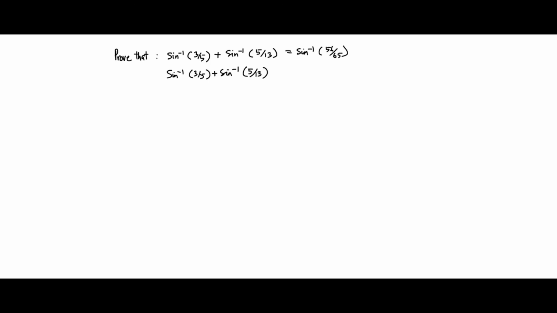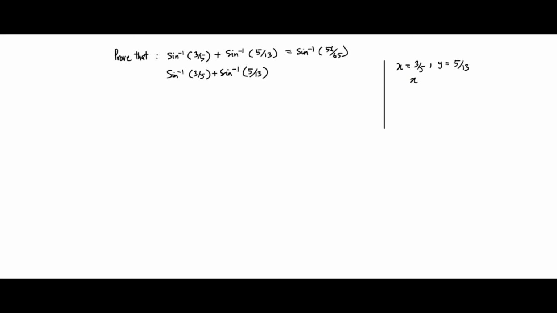For that, again, you will have to look at the values of x and y. Here x is 3 over 5 and y is 5 over 13. To decide which property to use, we take the values of x and y.